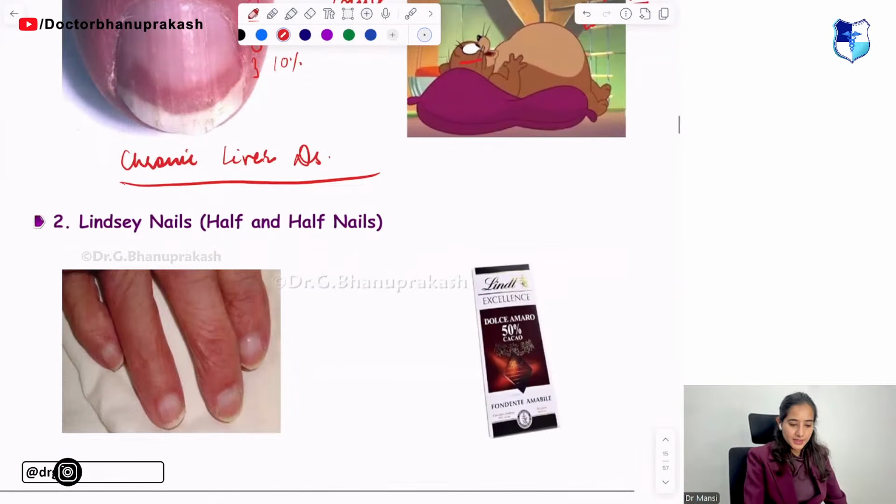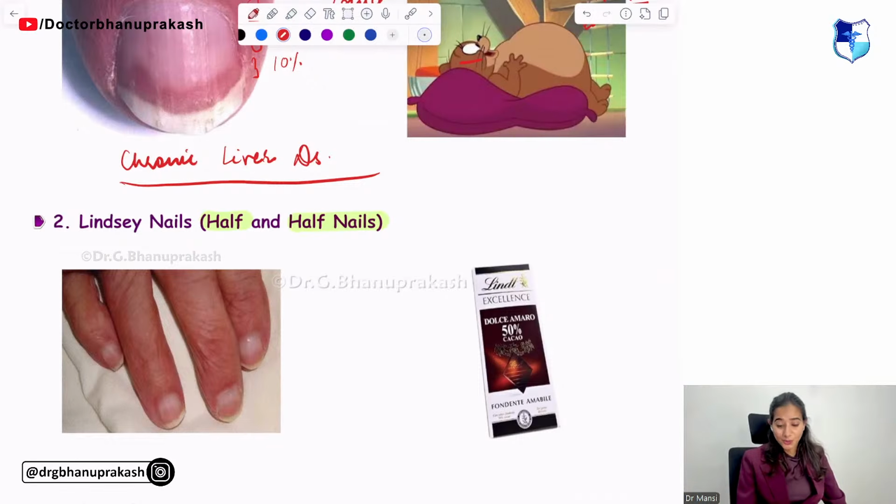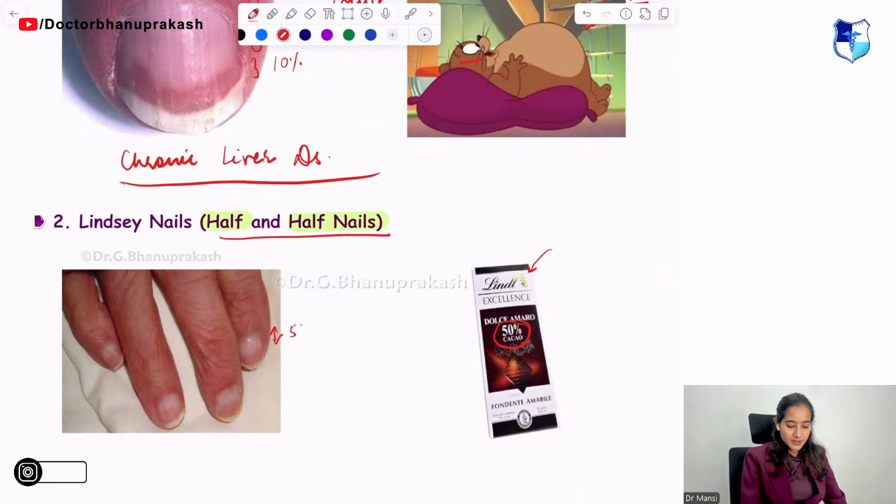Then you have Lindsay nails. Lindsay is half and half nails. Most of you, the FMGs, at least I know that you might have had Lindt chocolate. So it has 50% cacao. This is going to remind you of half and half nails. 50% part is white and 50% is dark.